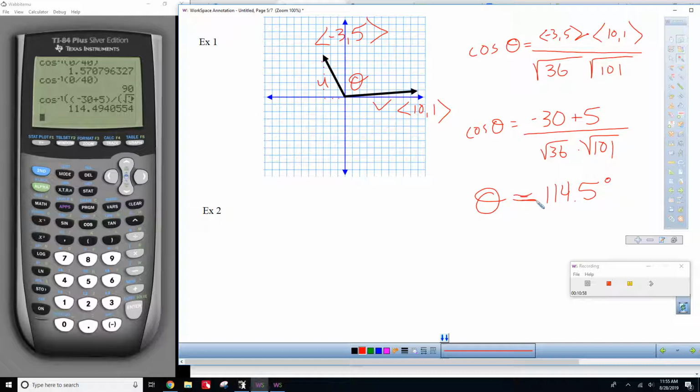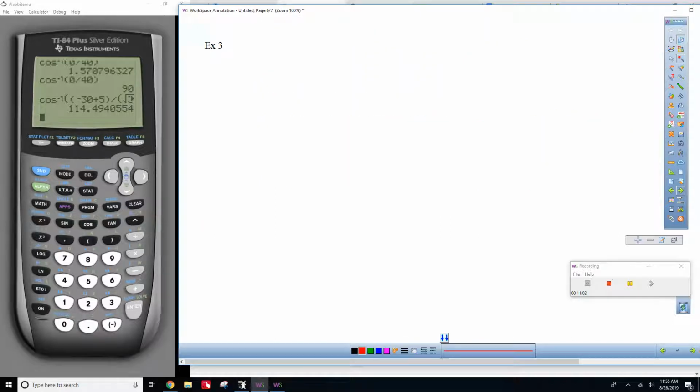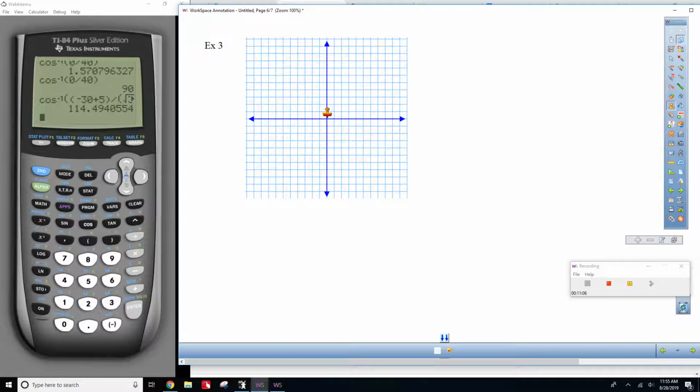Let's do one more example, but we'll do it on the next shape. Okay? Let's do an acute. Alright, so we have the vector 6i plus 2j, that's the same thing as 6 comma 2.